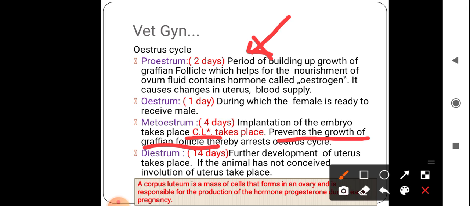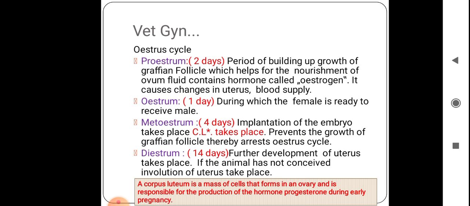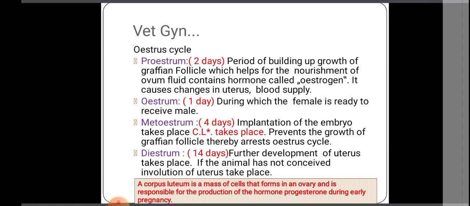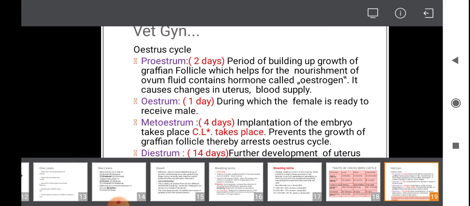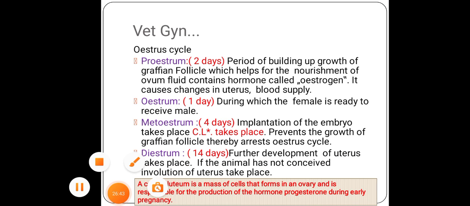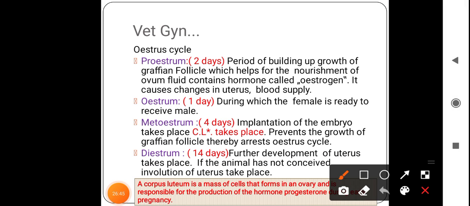Its growth is prevented by the corpus luteum, so the animal will not come to heat, and the progesterone hormone will be secreted in this stage, as the cow has now conceived.